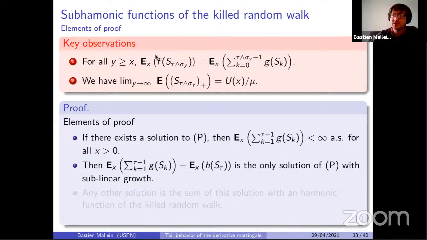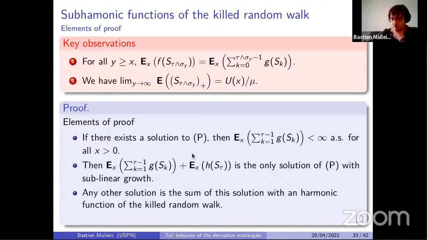Somehow, because if you look at this expectation over here, at some point where y goes to infinity, you only get the contribution, the expectation starting from x of h of s_tau. So yeah, and then you use the linearity and you say, okay, so every other solution is the sum of this particular solution of the equation with the second member plus the general solution of the homogeneous equation.